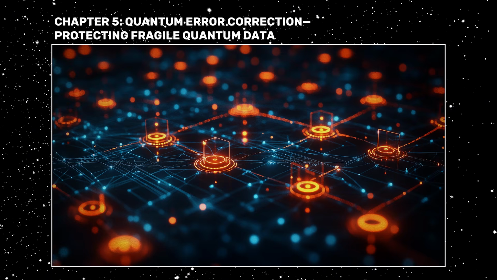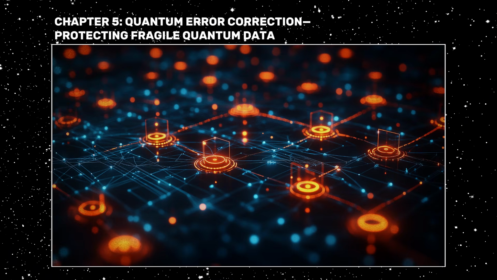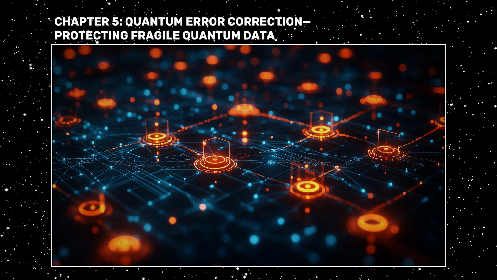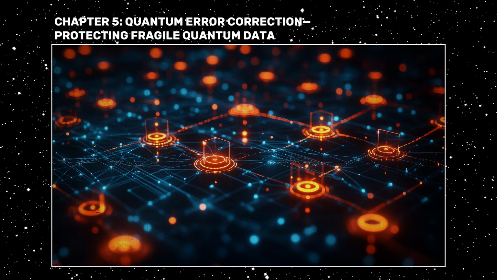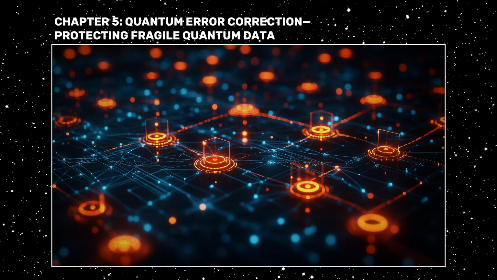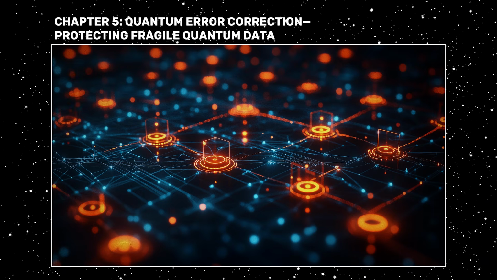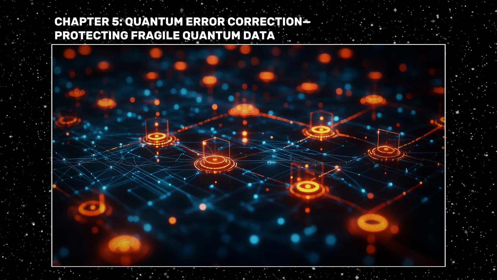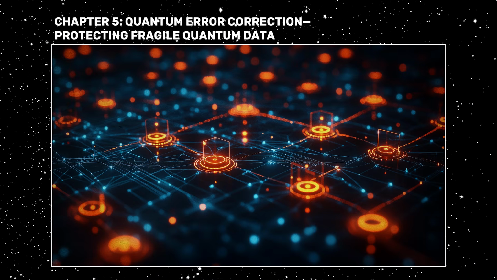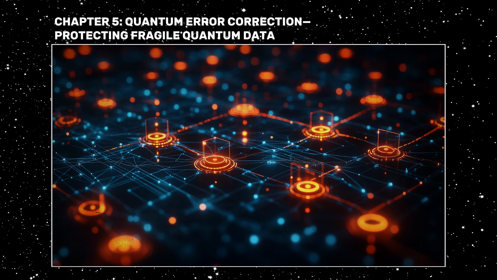Crucially, the surface code boasts one of the highest known error thresholds. If the physical error rate per qubit and gate falls below a certain threshold, logical errors can be suppressed arbitrarily by increasing the code's size. This threshold theorem guarantees that sufficiently large, low-error hardware can perform fault-tolerant computation indefinitely.